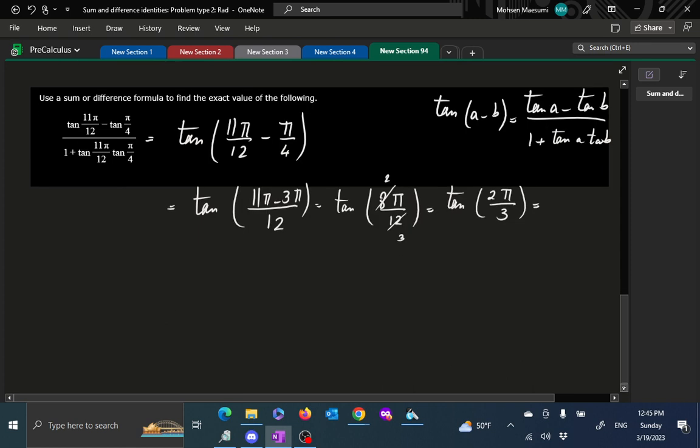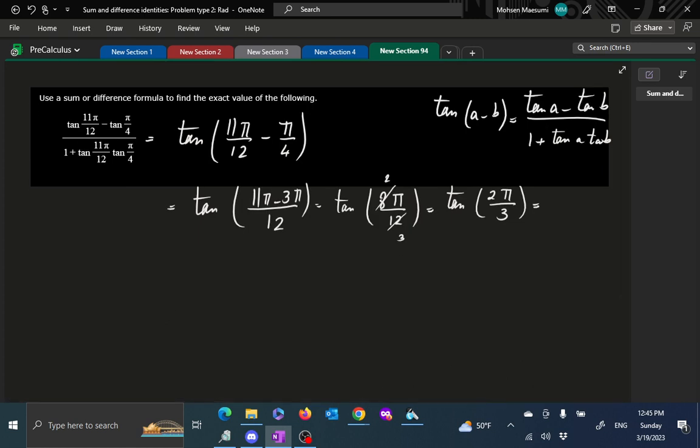We said you can use your table, but here's another way of doing it. Tangent of 2 pi third is of course the same as 120 degrees. So if you have 2 pi third, this angle will be minus pi third.